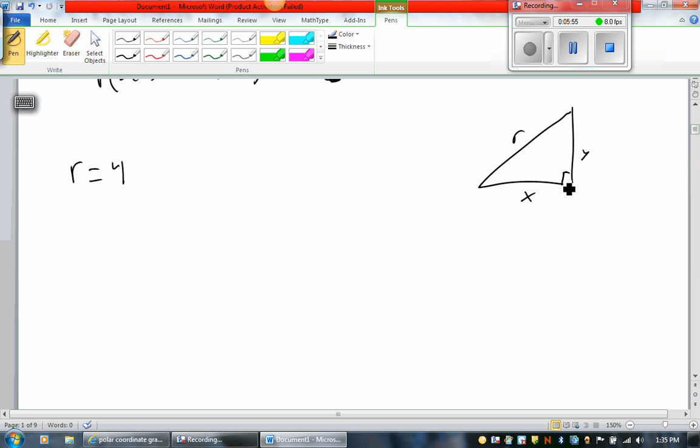If the Pythagorean theorem for this triangle holds true, x squared plus y squared equals r squared. So no trig this time. This is just a derivation. To get r, we have radical x squared plus y squared equals r. This is what we're going to be substituting in. So instead of r, we can write radical x squared plus y squared equals 4.